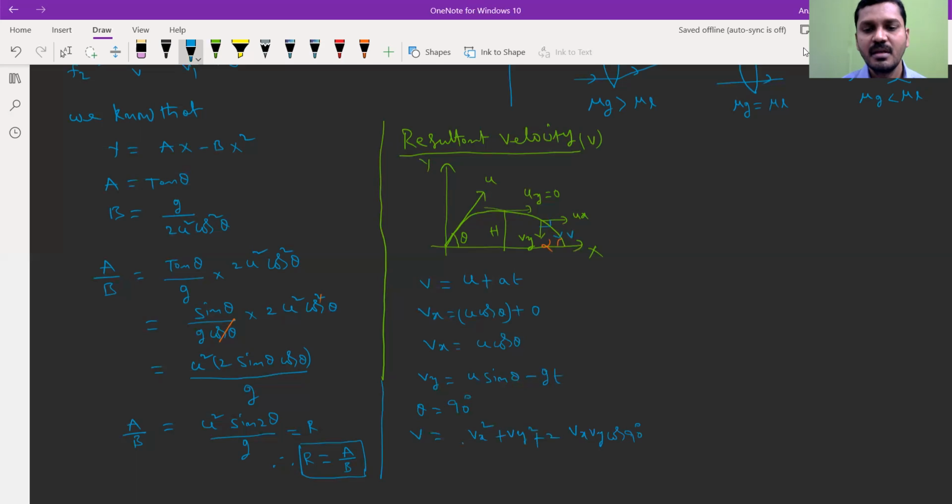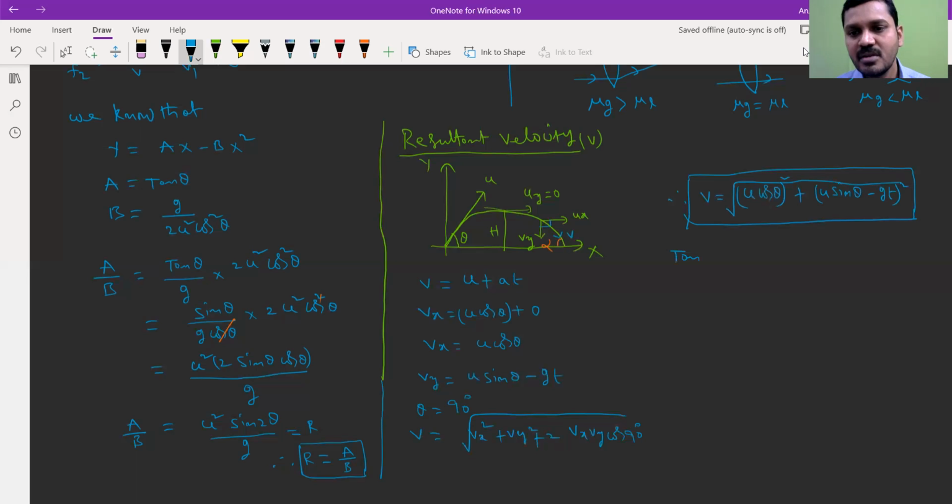Now substitute vx and vy in this equation. Therefore, the resultant velocity v = square root of (u cos theta)² + (u sin theta - gt)². This is the resultant velocity of a projectile body. Next, the direction of the resultant velocity. Tan alpha is equal to the velocity of the projectile body along the y direction divided by the velocity along the x direction.